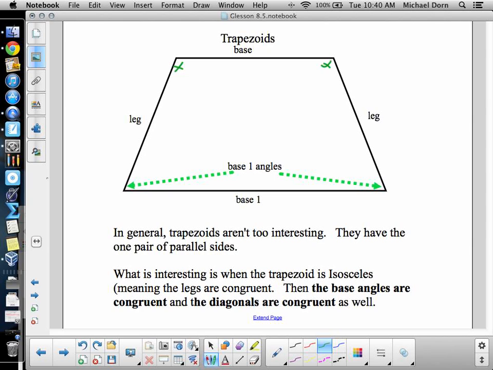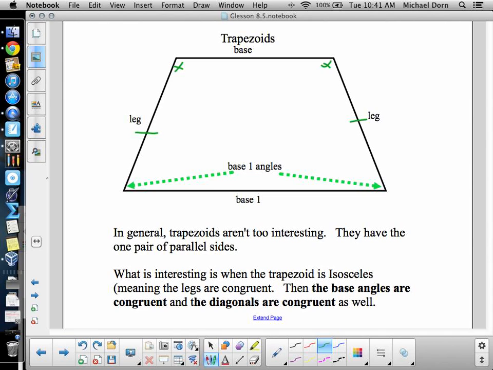Like I said, though, what is interesting is when the trapezoid is isosceles, which means the legs are congruent. That's when things start happening. Because when these legs are congruent, it means that these base angles to the same base are congruent. And these two base angles have to be congruent when those legs are congruent.